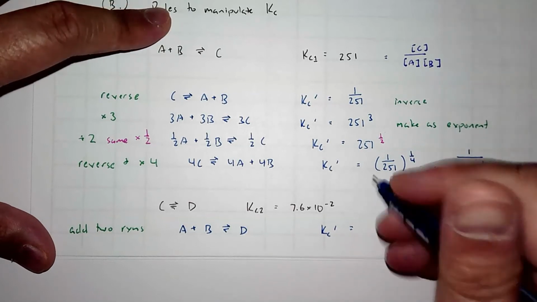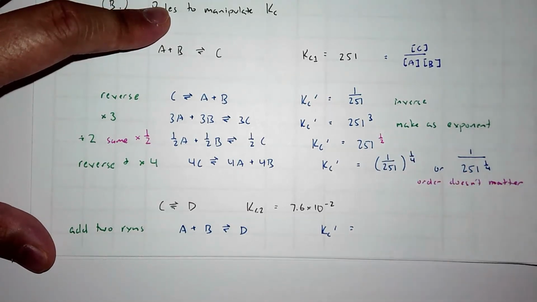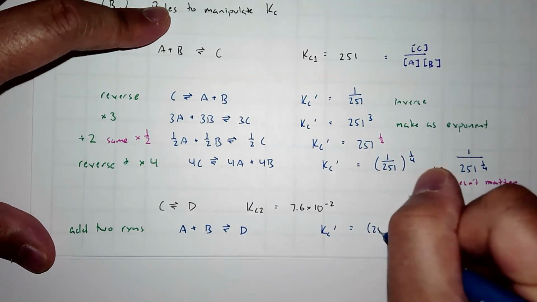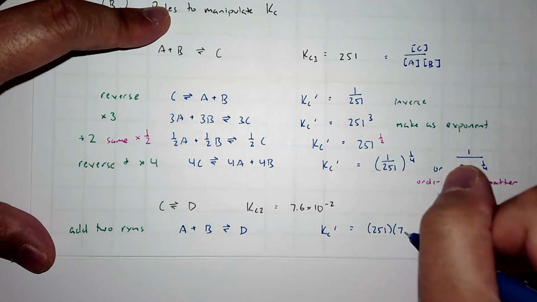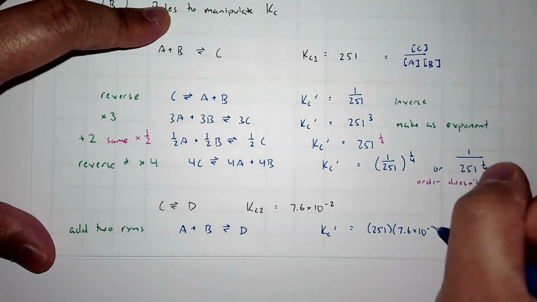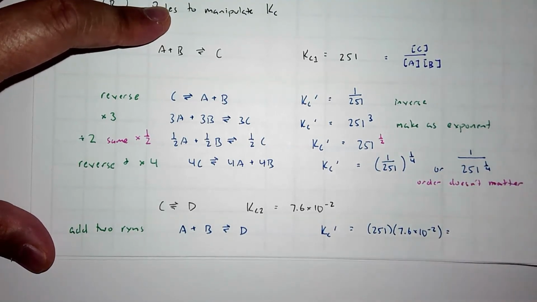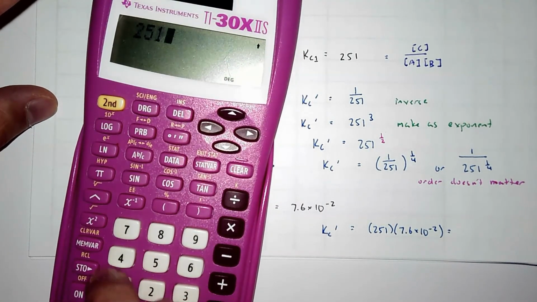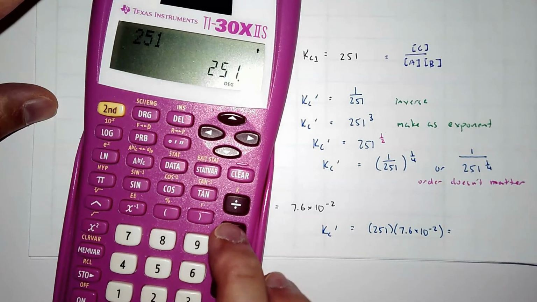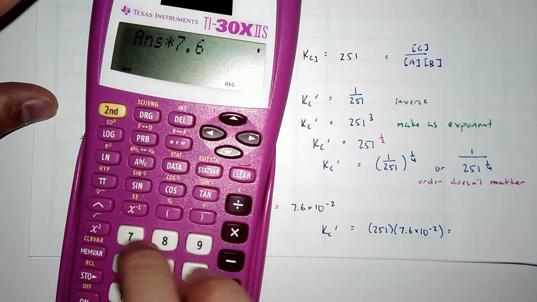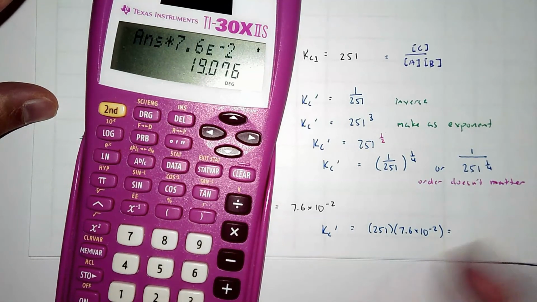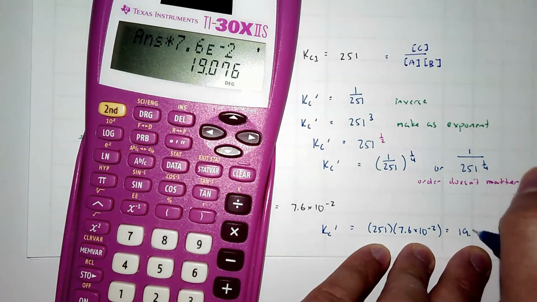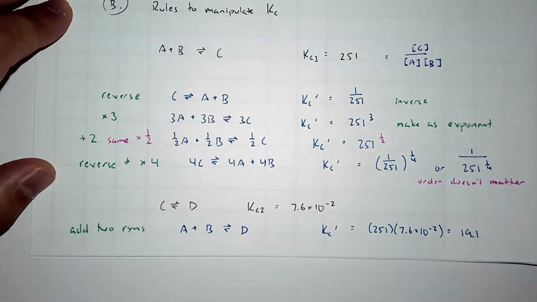So let me write it down this way. Oh, we actually have numbers. So it's 251 times 7.6 times 10 to the negative 2 equals 19.1. You multiply the K's.